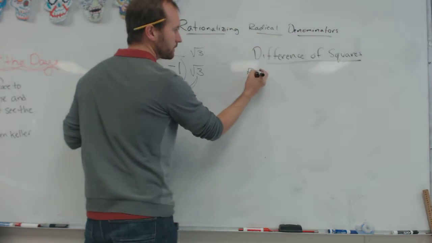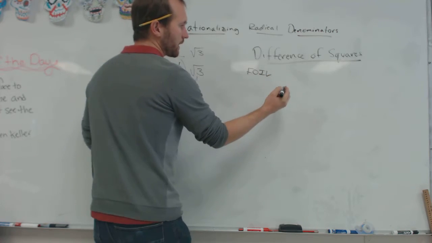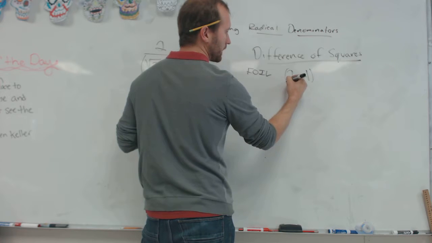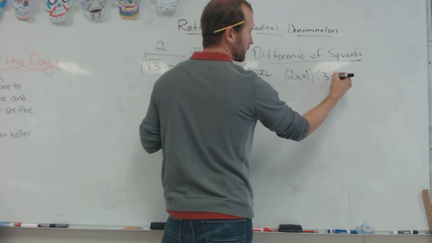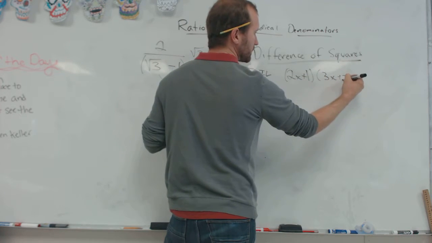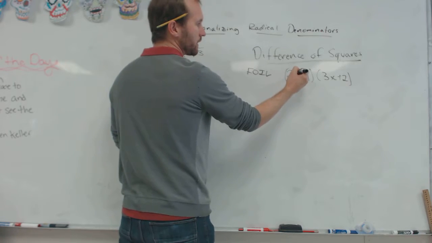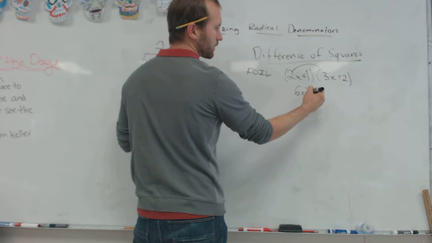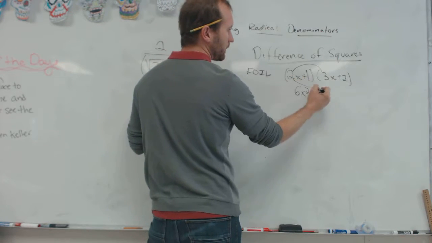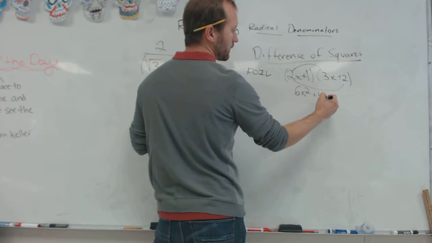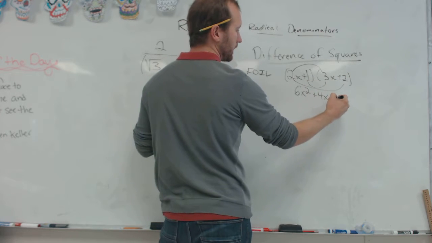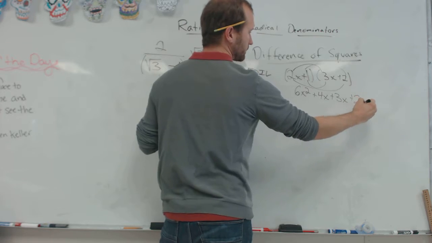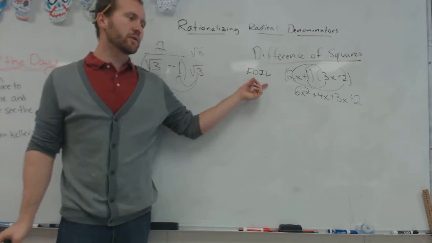So FOIL is when we have like 2x plus 1 times 3x plus 2, and we do the first numbers, so 6x squared, the outside, the inside, and the last. Just to review what FOIL is, right?